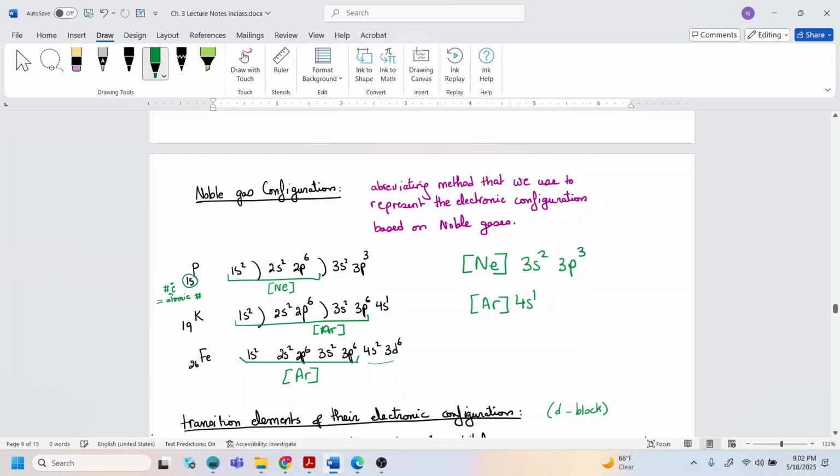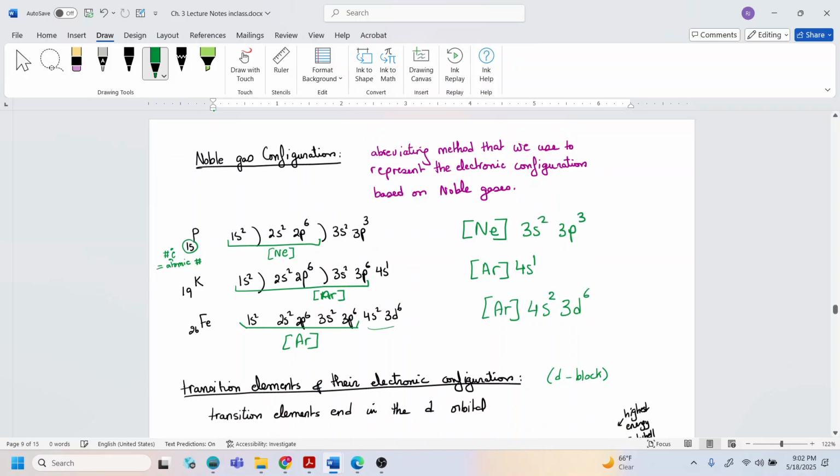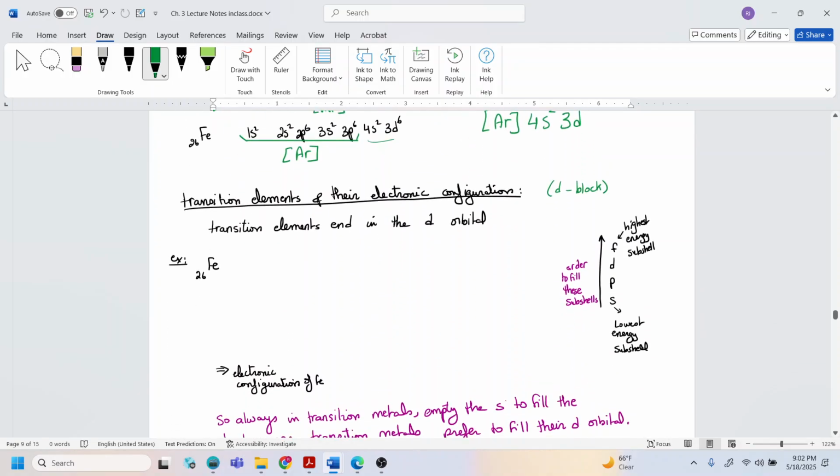And then I do have the 4s2 and the 3d6. So this is the electronic configuration of iron, drawn as a noble gas configuration.